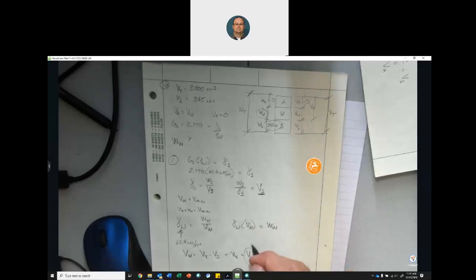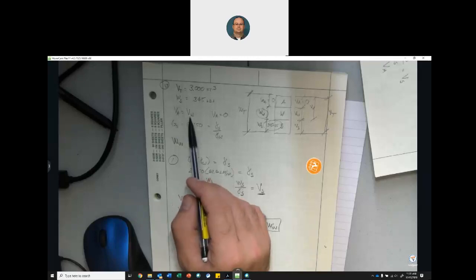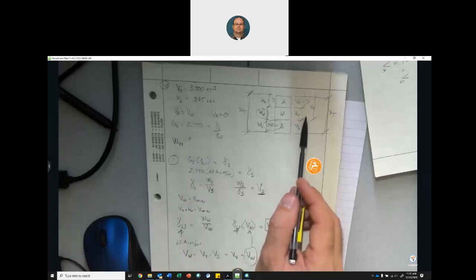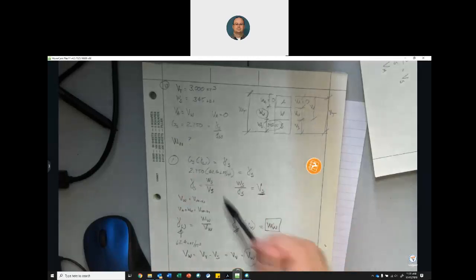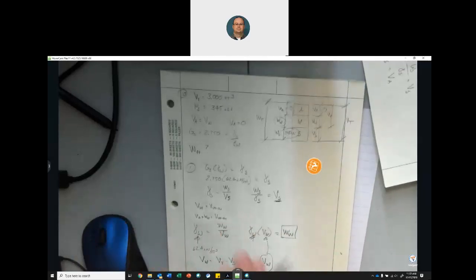So this will go right there. You know this number. Then you can get your weight of water. So the trick to this problem is understanding that it's saturated, so the volume of air comes to 0. So the volume of water equals the volume of voids, and then we back calculate. So hopefully that explains it in a nutshell.